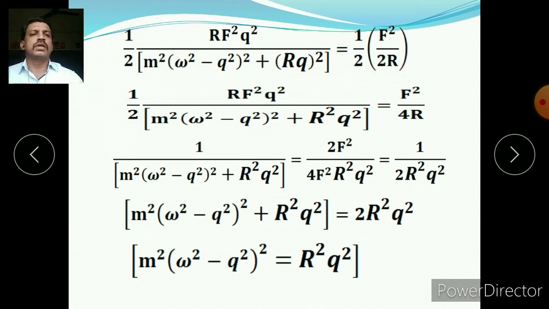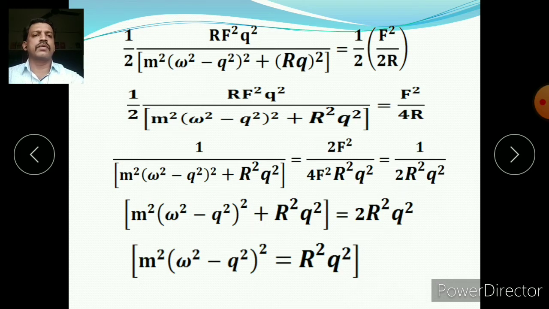Now here, R F square Q square upon M square [omega square minus Q square] square plus R square Q square equals, multiplying half into the bracket, F square upon 4R. Now what we do is divide both sides by 1 by 2.